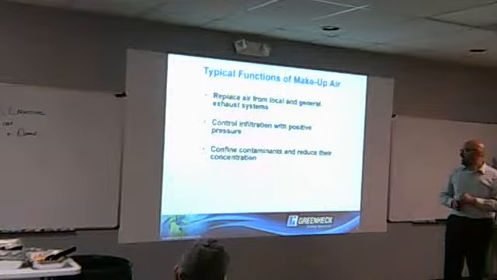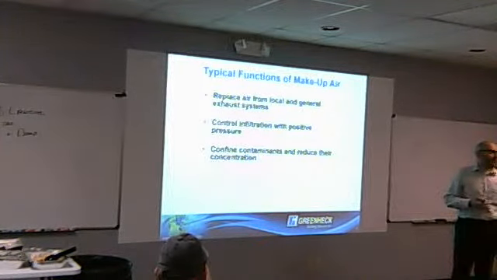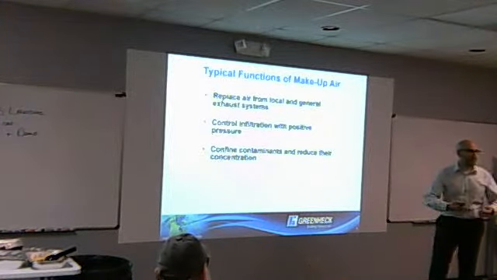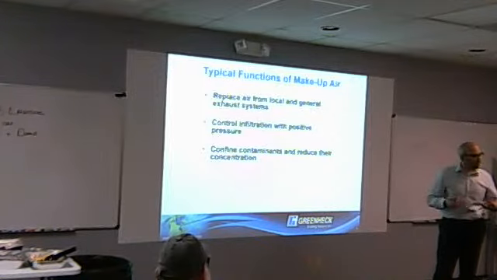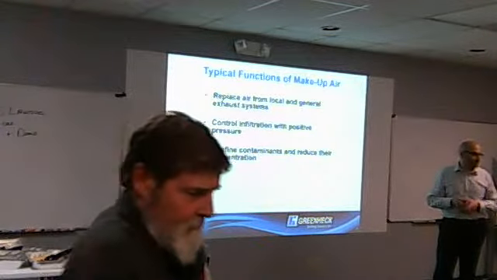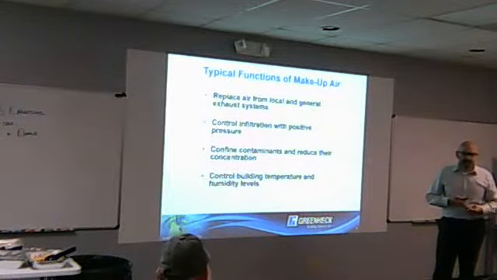Exactly. We also confine contaminants and reduce their concentration. If we did have a buildup of contaminants, whether CO2 from people or something else, we can bring in fresh air, diluting that contaminant. Sometimes people say the solution to pollution is dilution.